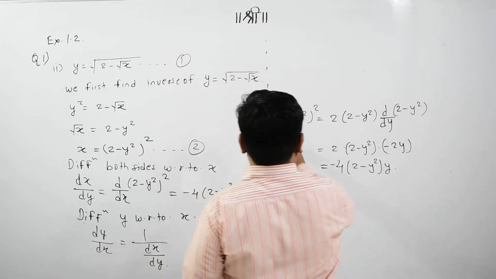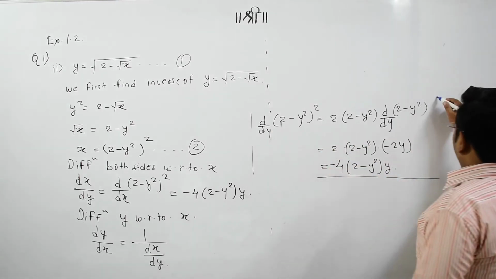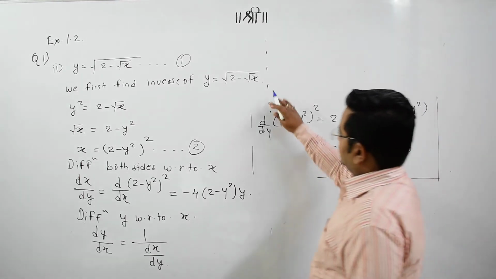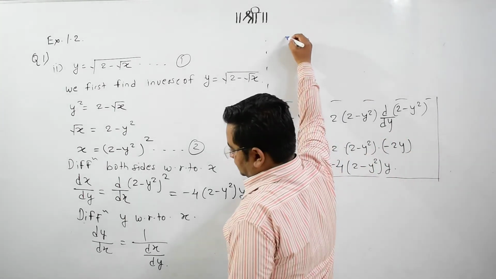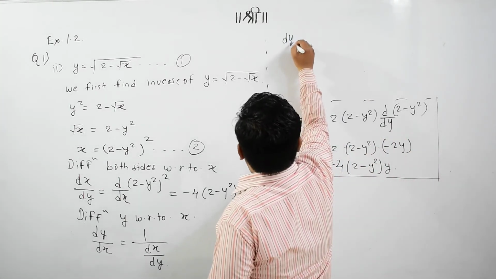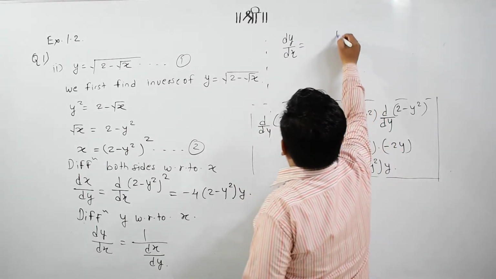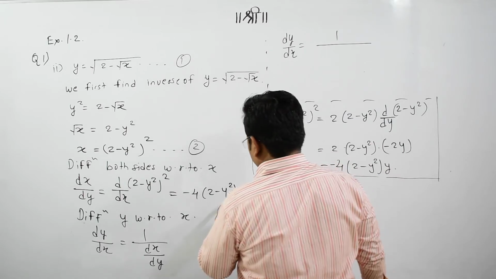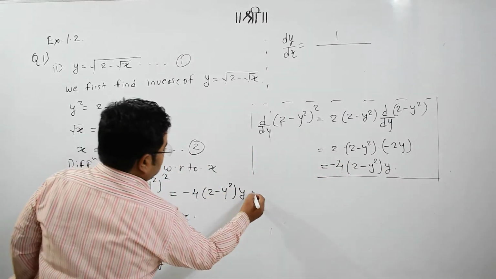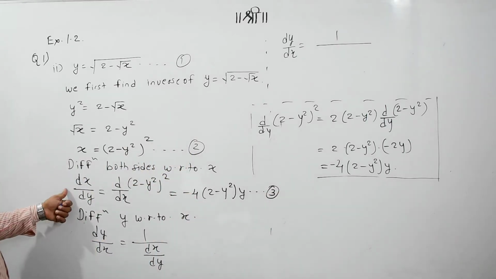I am keeping this equation alive so you can understand the meaning of this, because this will help us. Now dy upon dx is equal to 1 upon dx upon dy. So this is equation number 3.